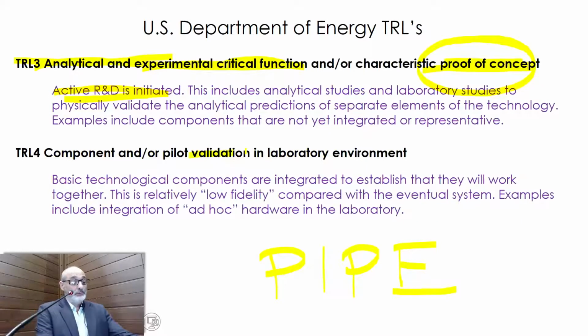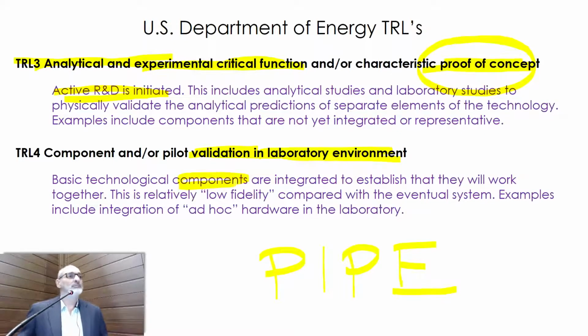TRL4, so validation, still in a controlled environment. So you're going to validate, let's say, the time machine that we are inventing. So you need to test your components in a controlled environment.